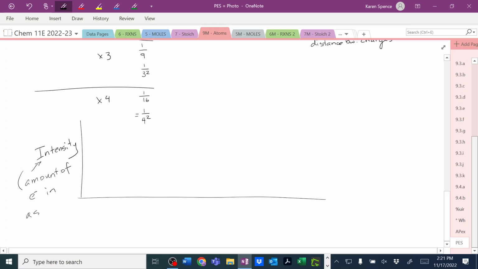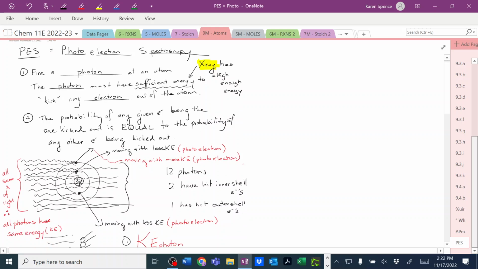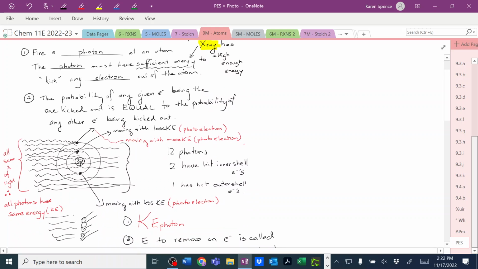So it's intensity, because once we have fired our light at the atoms, and the electrons are coming out, those electrons are then going to bash into a detector.